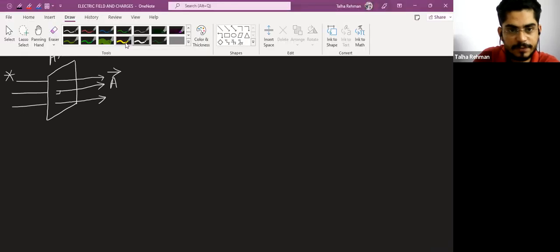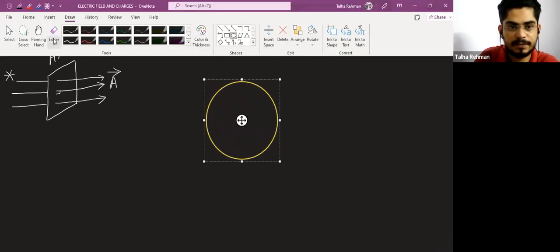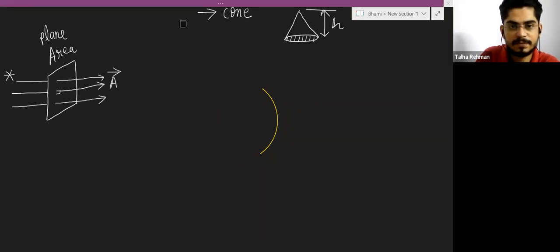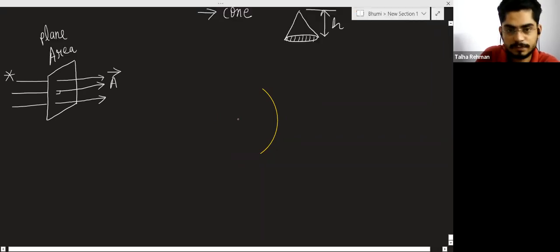But if you have a sphere, or you can say a curved surface, you should be careful here for finding the area vector. Suppose you have a curved surface like this, and as this is a circle, this surface has some center also.